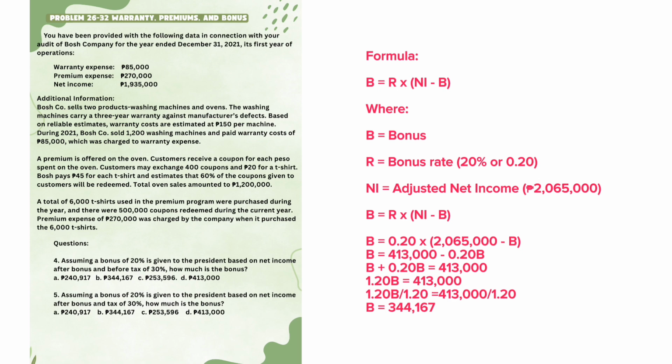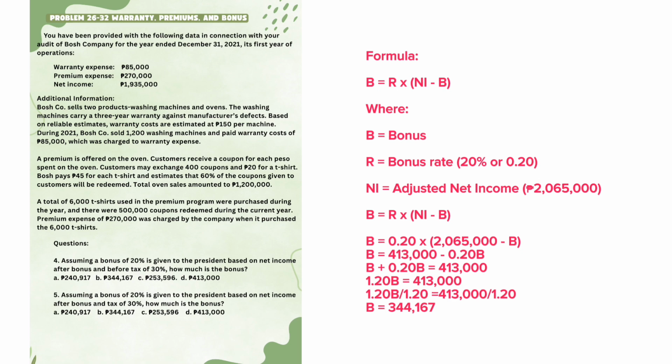2,065,000. Now let's substitute the given values into the formula. B equals 0.20 times 2,065,000 minus B. Next, we distribute the 0.20 to the terms inside the parentheses. So B equals 413,000 minus 0.20 B. Now to isolate the B, we add 0.20 B to both sides.